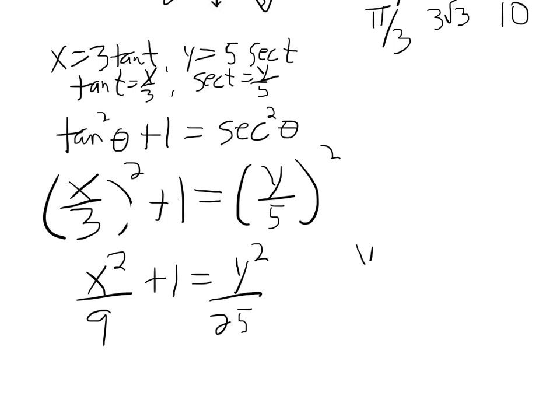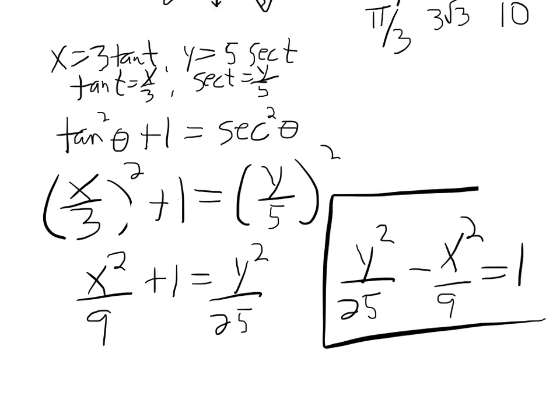And this would be y squared over 25 minus x squared over 9 equals 1. This is a hyperbola that opens in the y direction. So this gives you another technique that you might be able to get the curve that you need.